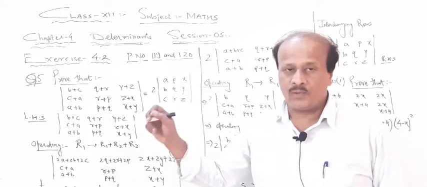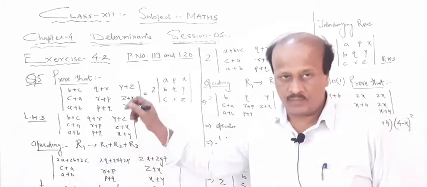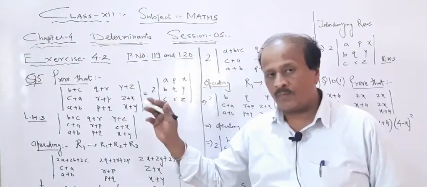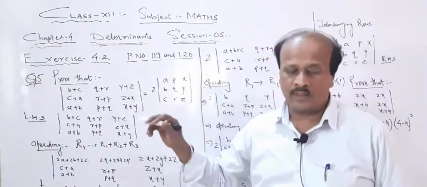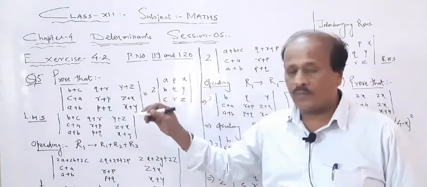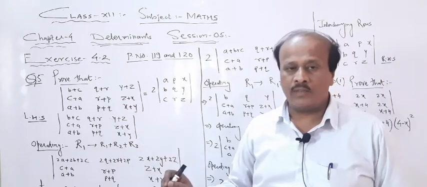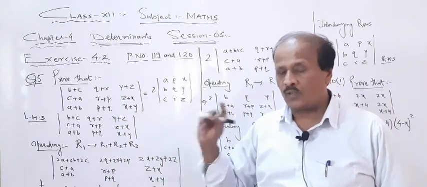If two rows or columns are the same, the value of the determinant is 0. Then the fourth one: we can take out a common factor from any row or column, and that constant will be multiplied with the value of the determinant. The most important ones were the last two properties.